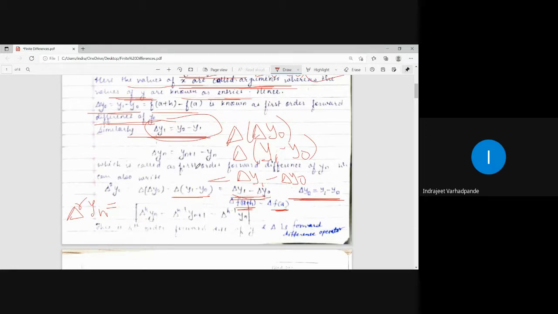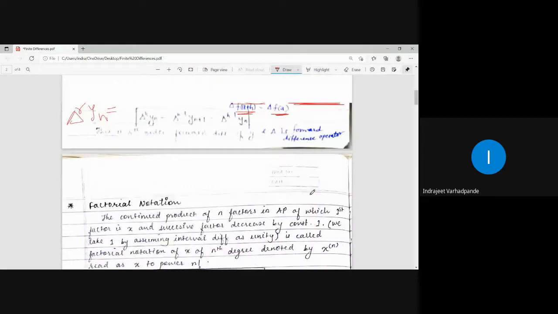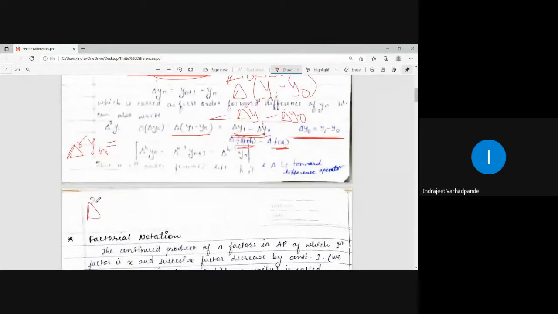Delta square r plus 1 or r minus 1, it will be r minus 1. Whenever you have delta square, inside it is delta, right? So to write it more precisely, delta square of y0 is delta y1 minus delta y0. This is what I have got.